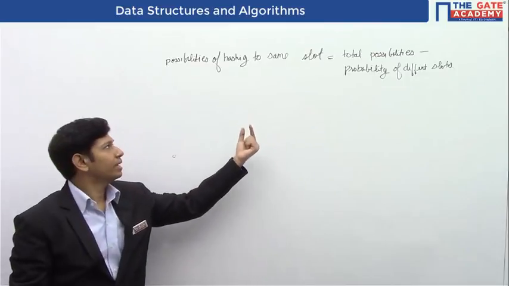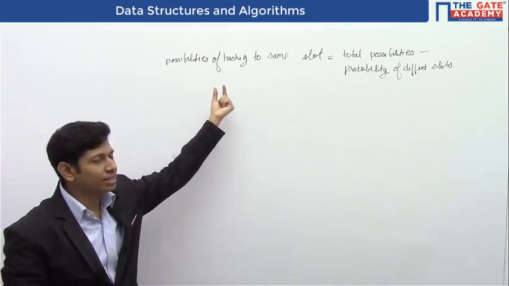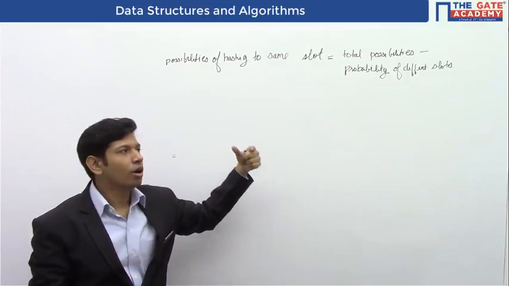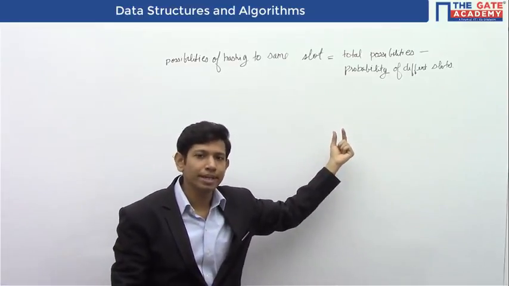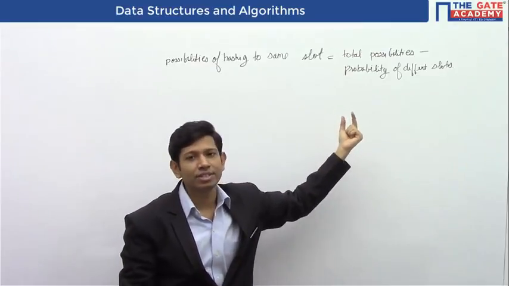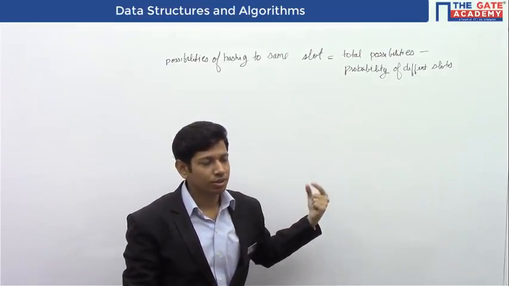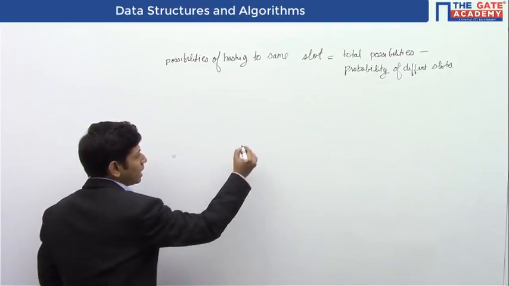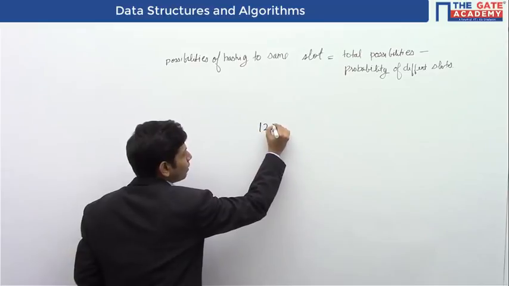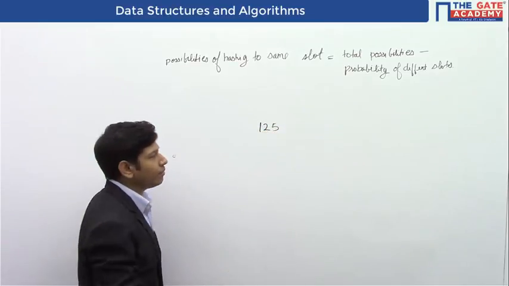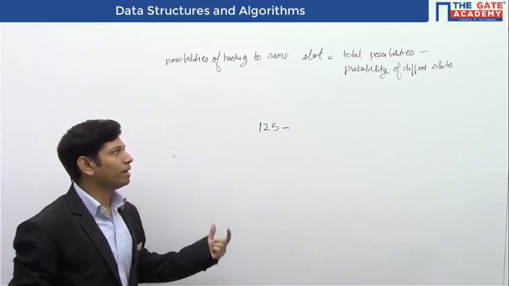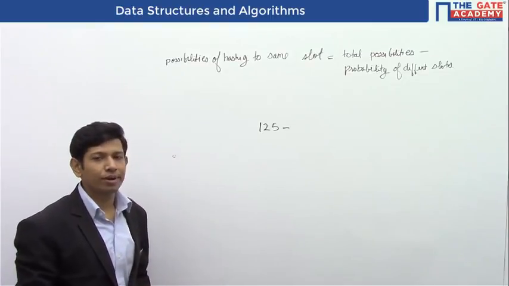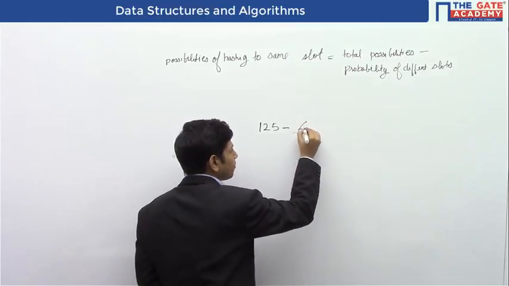So the probability of hashing to the same slot is equal to the total probability minus the probability of hashing to different slots. We have calculated the total possibilities as 5 into 5 into 5, which is 125, minus the possibilities of hashing to different slots, which we calculated as 5 into 4 into 3, that is 60.